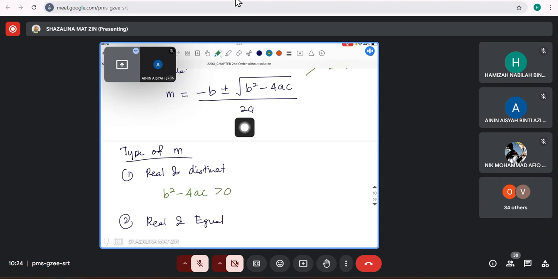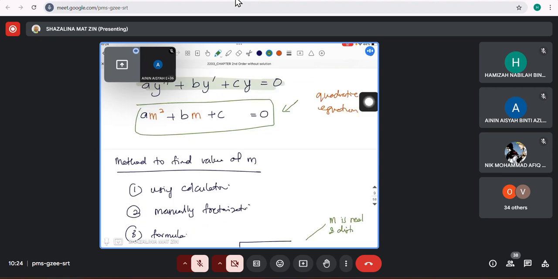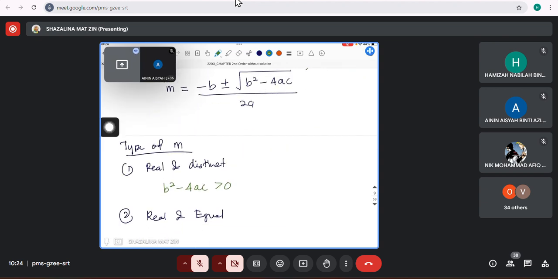When you substitute the values of a, b and c, which come from the quadratic equation, auxiliary equation or characteristic equation, and b squared minus 4ac is greater than 0, the type of m here is real and distinct.